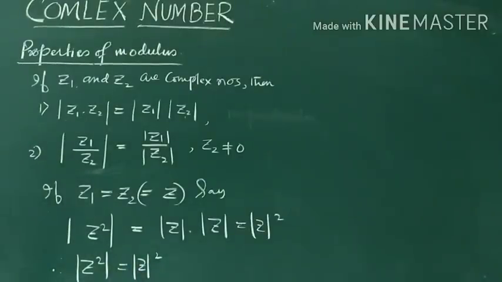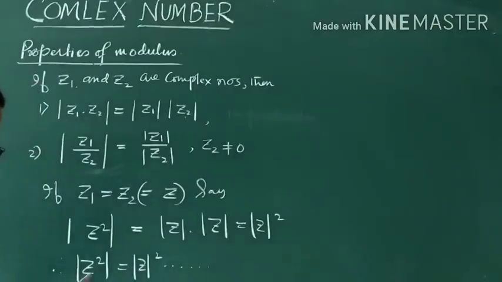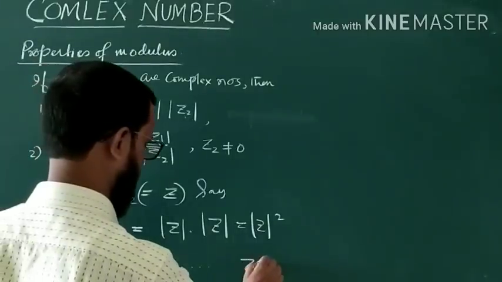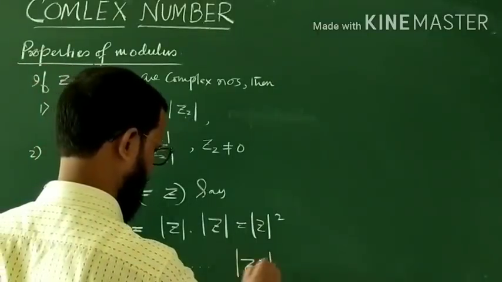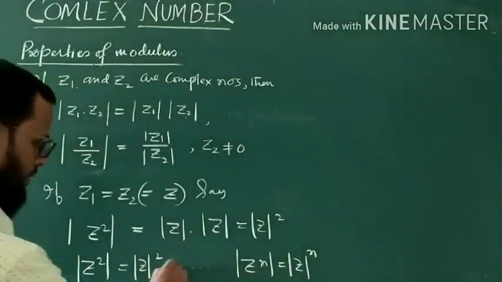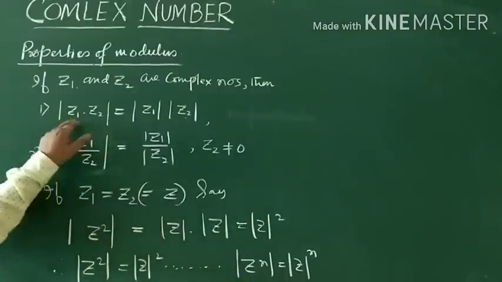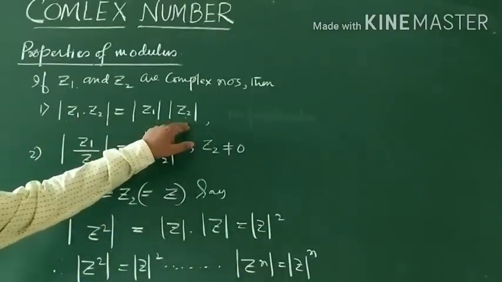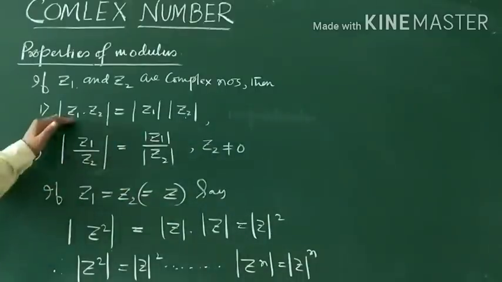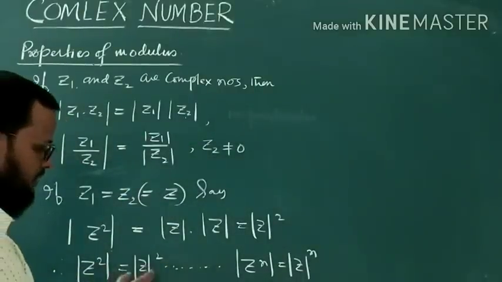Similarly, if the power is cube, modulus of Z cube is equal to modulus of Z whole cube. So finally, modulus of Z to the power n is equal to modulus of Z whole to the power n. This result is deduced from this property.